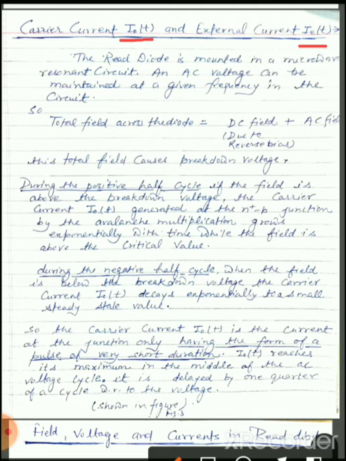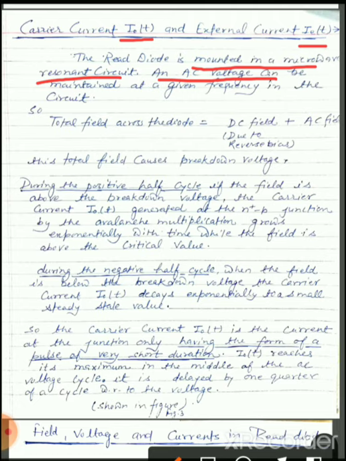When a Read diode, reverse biased by a DC field, is mounted in a microwave resonance circuit, an AC voltage can be maintained at a given frequency in the circuit.